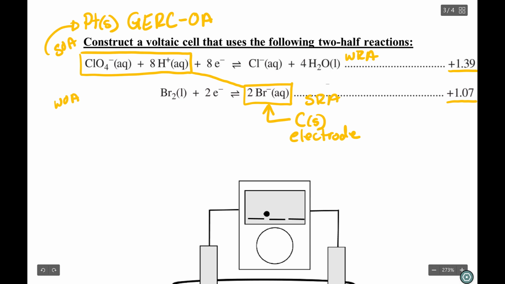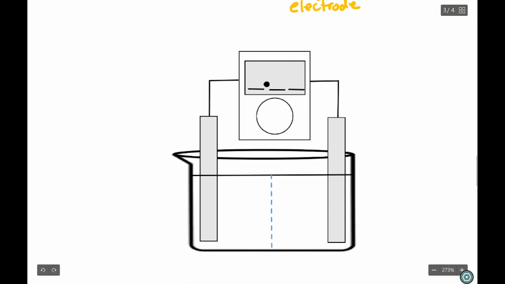And remember that this is going to lose electrons, undergo oxidation at the anode. It is the RA, so my carbon electrode is going to be my anode. I'll pick one side to be the anode, one side to be the cathode. Arbitrarily, I'll make this the carbon solid, which is the anode. I'm going to make this one platinum solid. This is going to be the cathode.